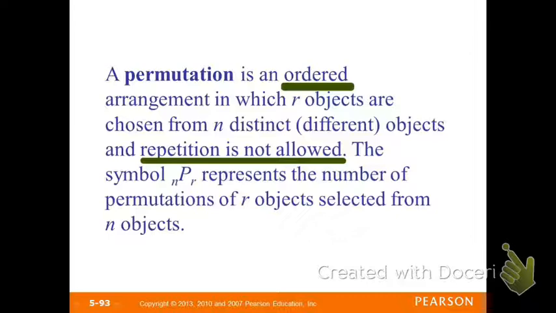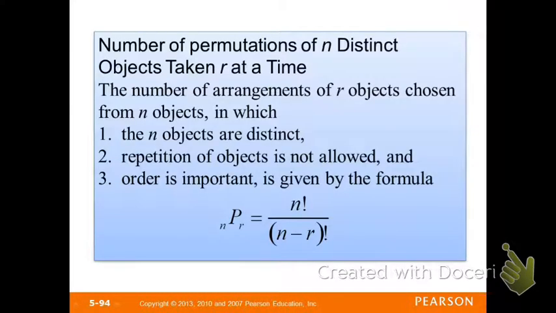So if we had this, how many ordered arrangements of 2 objects can be chosen from 10? Okay. How many ordered arrangements of 2 objects can be taken from 10 is what that means. So this is the notation for that.